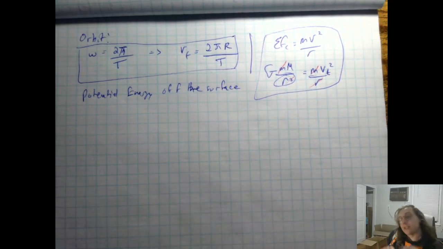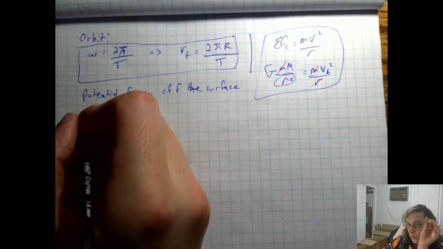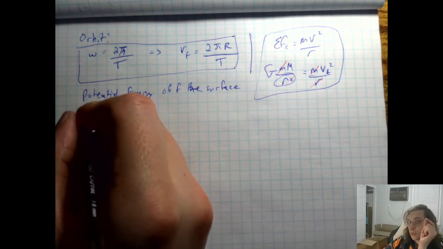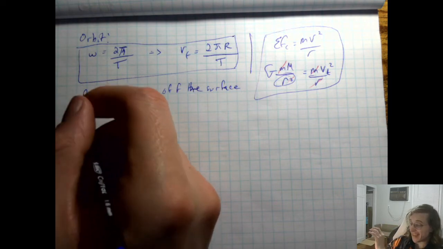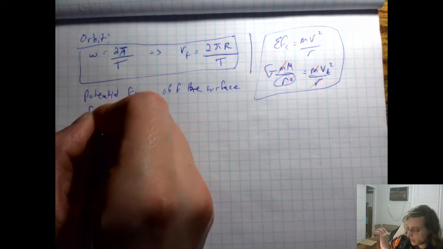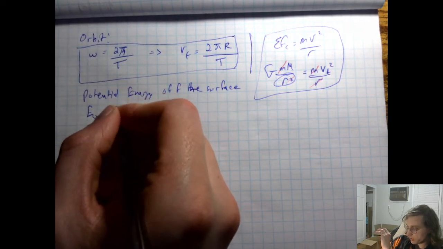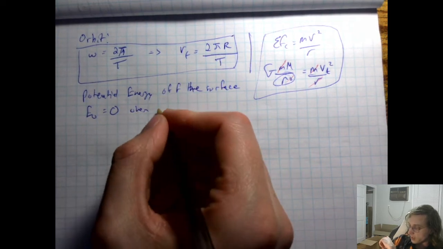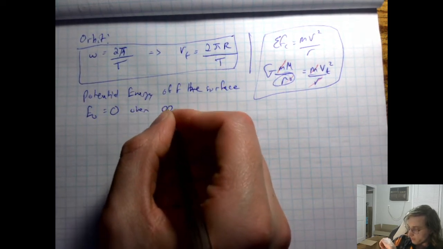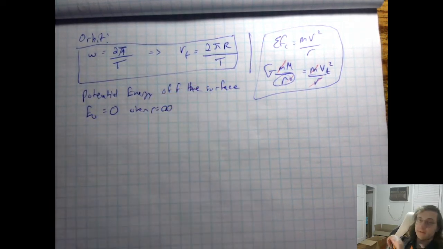So one of the key ideas here is that we're going to set things up such that our potential energy equals 0, or approaches 0, when our distance away from the center is infinitely large.